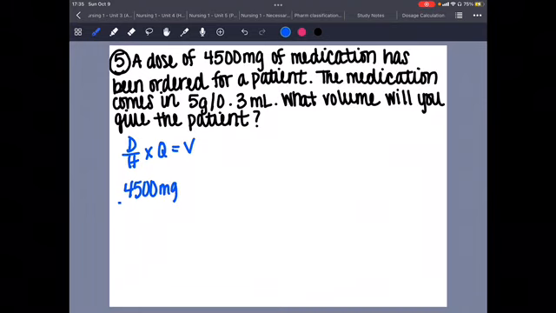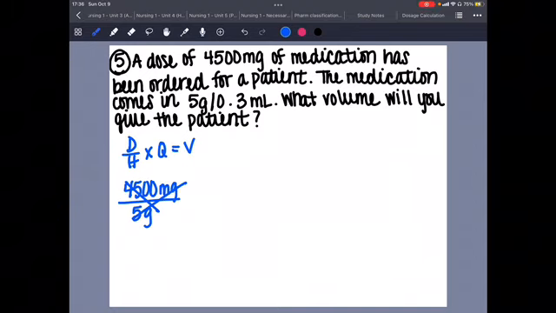Just going to erase that M. That looks a little weird. That 4,500 milligrams, and that half is 5 grams. Now, the only thing is, because we do have milligrams and grams, this we can't do because you have to convert first.